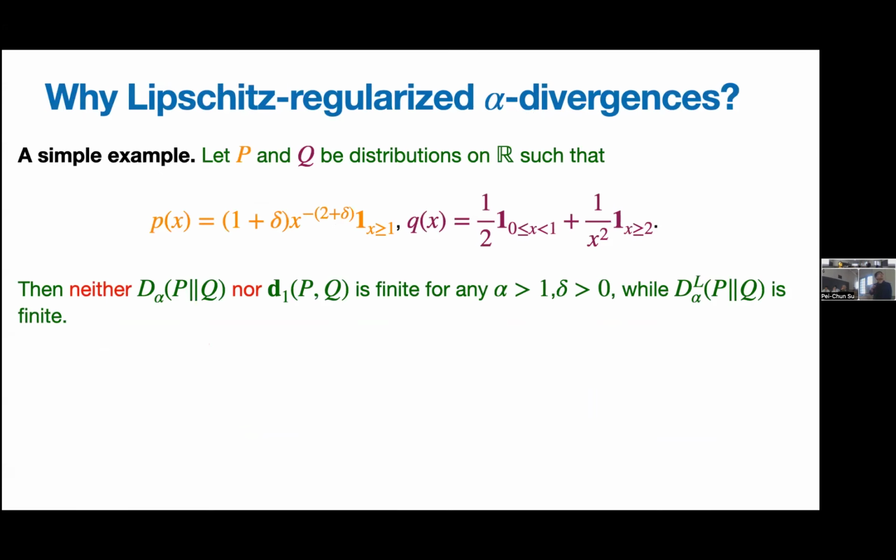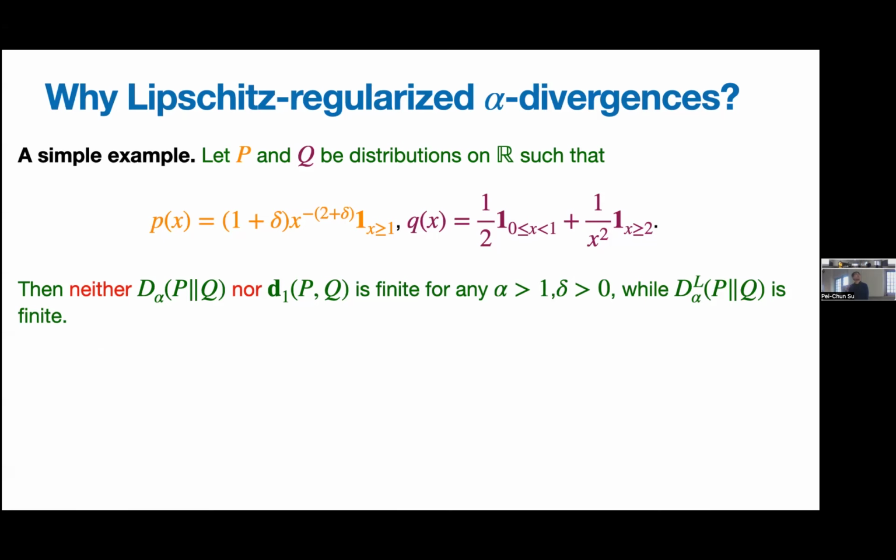Here is one example. Suppose P and Q are distributions on the real line such that P has some tails but has a finite first moment, and Q has some tails also, but they are not absolutely continuous with each other because we single out the domain between 1 and 2 for Q. And the tail of Q is very heavy, such that it does not have a finite first moment.